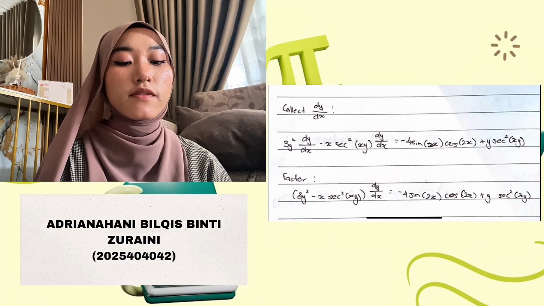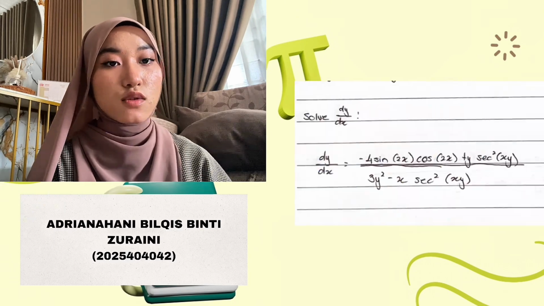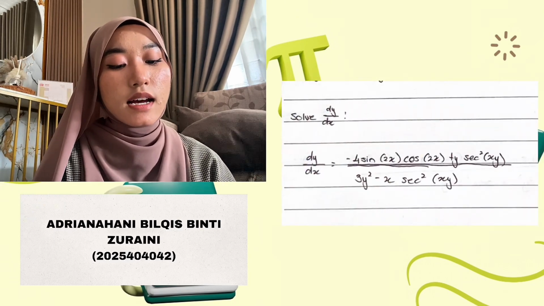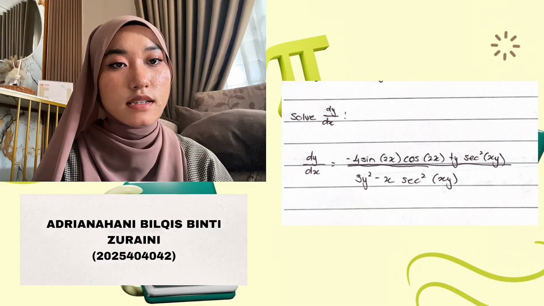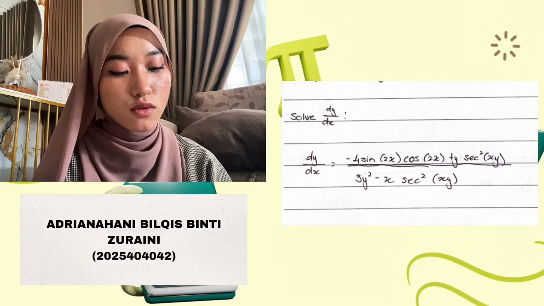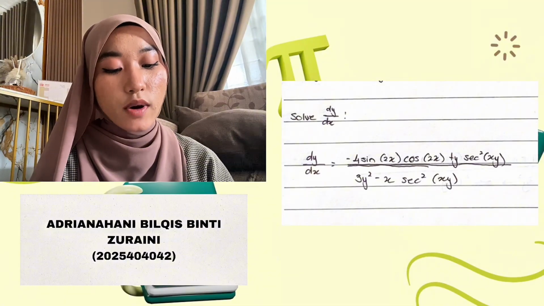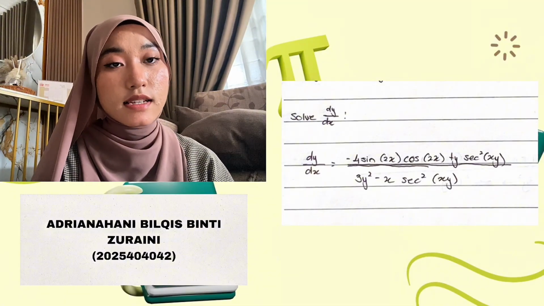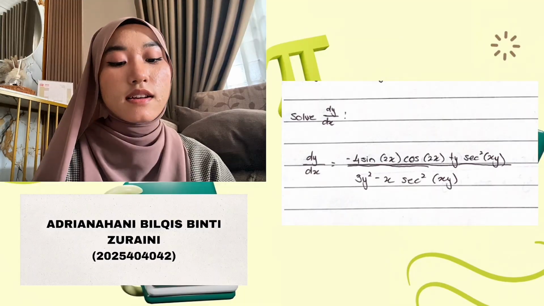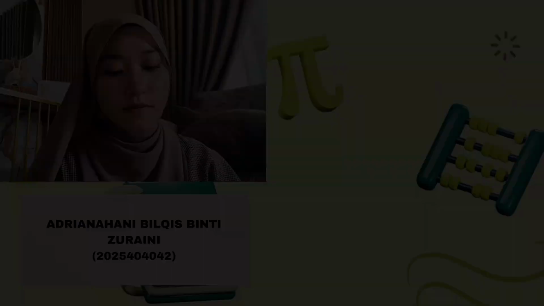And we have to solve for dy over dx. So we write negative 4 sin 2x cos 2x plus y sec squared xy over 3y squared minus x sec squared xy. And that is our solution.